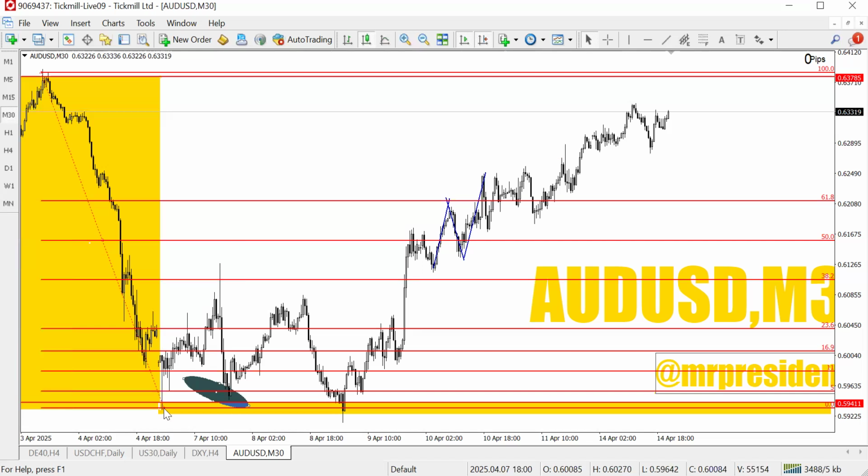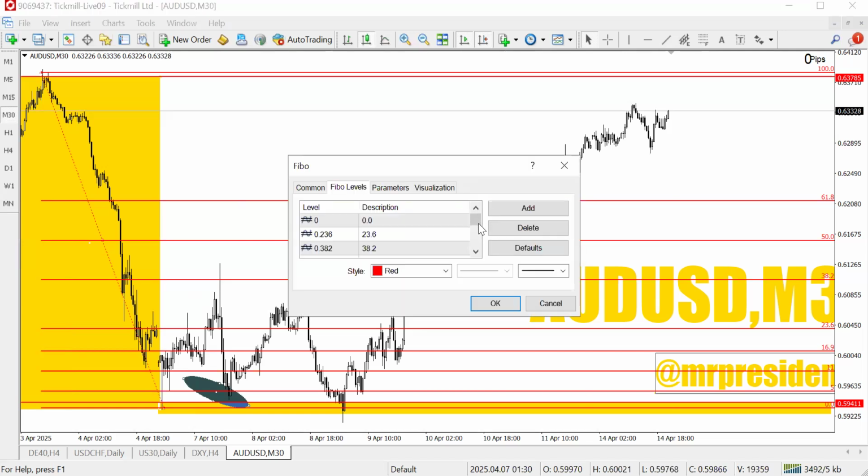So now, with my Fibonacci properties, if you go there and click, you can see I've got these levels. The level that is 23.6 is already there, 50 and 61.8 are already there, but you must add the 0.5 level. You can see there, this is 0.05. That's what you add.